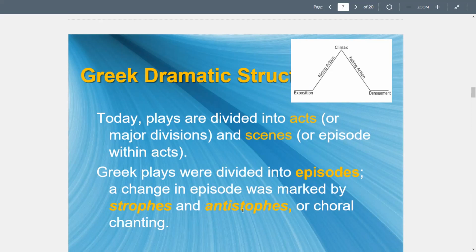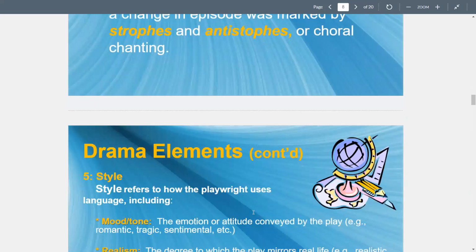And then they'll suddenly go offstage and the chorus will start chanting and talking to the audience to help them process the information that's going on, help them understand the lessons that are trying to be learned, and then we go back to the main episode with the characters.